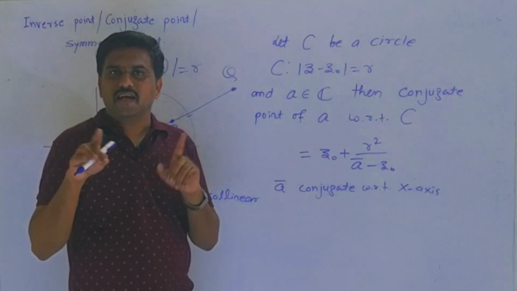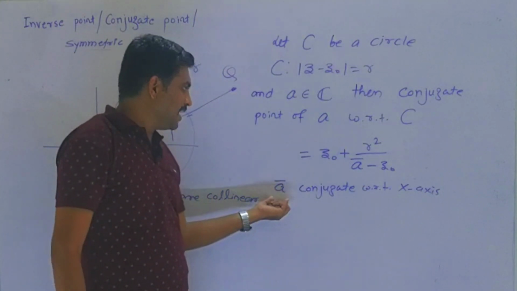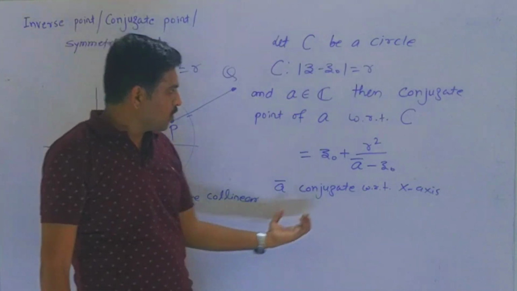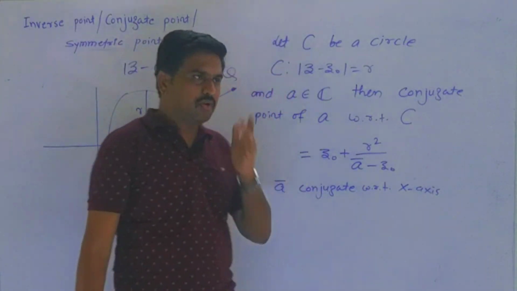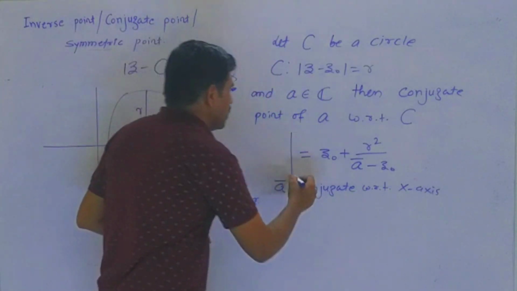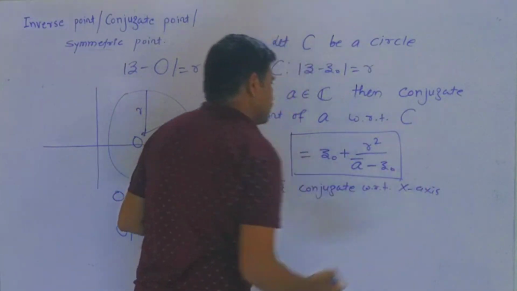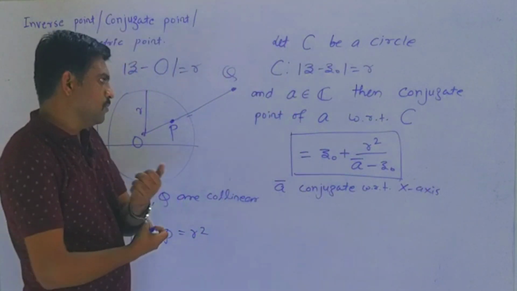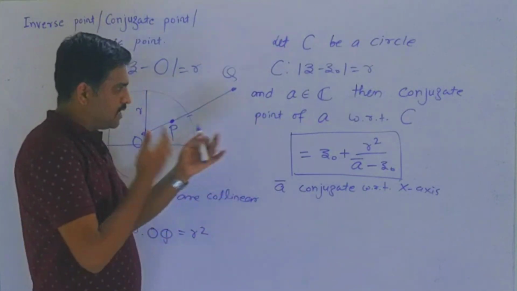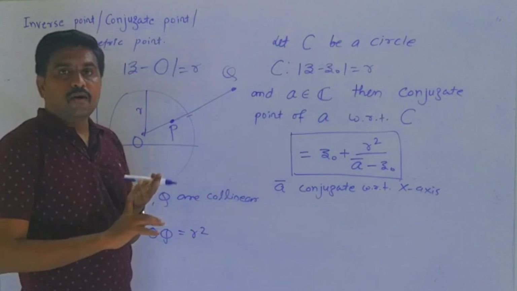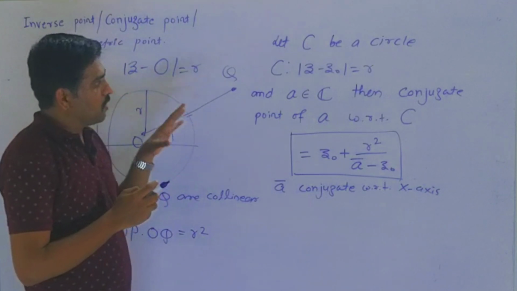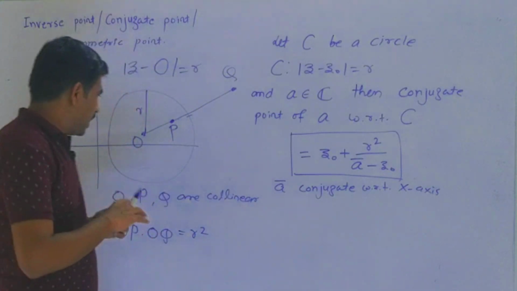So 1 plus i has conjugate 1 minus i. This A bar we indicate for conjugate with respect to the x-axis. Now this is the formula. You just remember this one, and if you want to see the proof, you can search any book and get it easily. Now we sort out some problems on how to find the conjugate with respect to a circle.